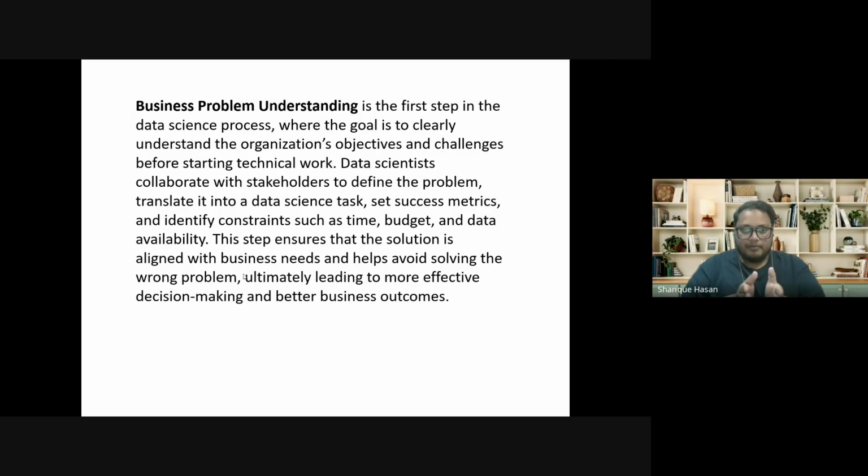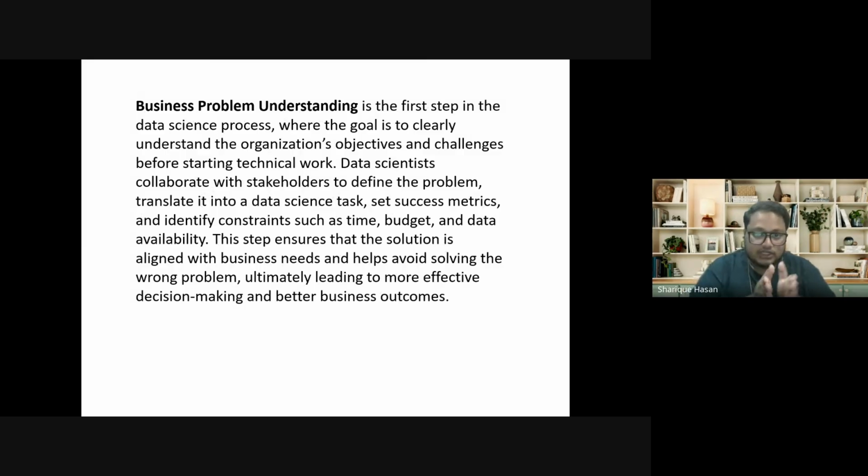So the first step of this process is that we analyze the problem and we only focus on that problem. We are not focusing on other problems. If we don't have business understanding, we start a project and move somewhere else, which is not required or necessary.